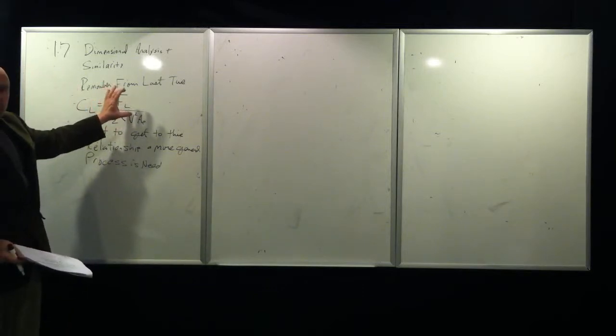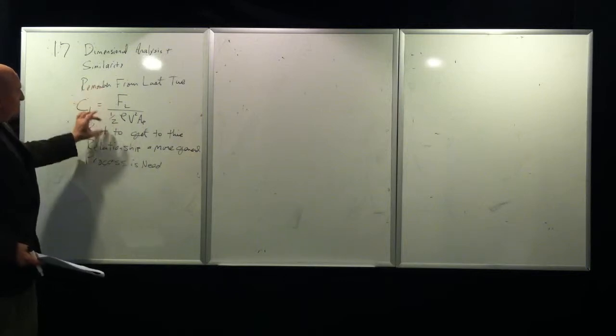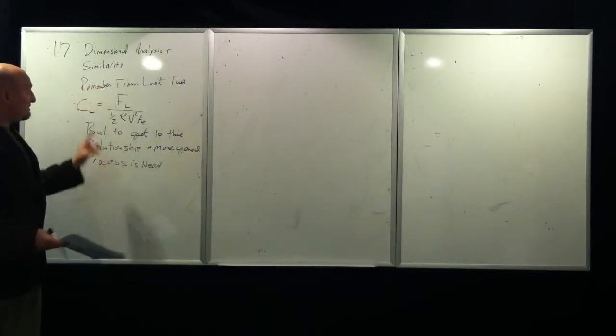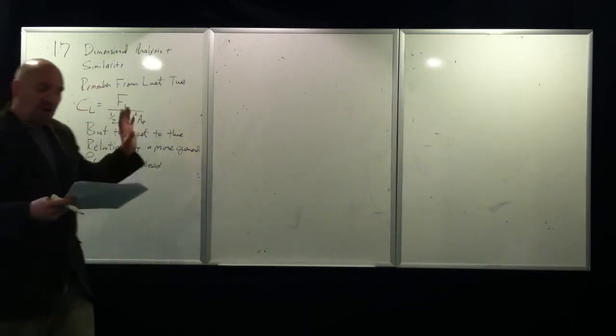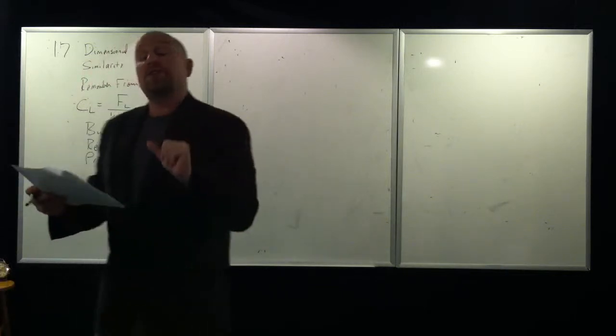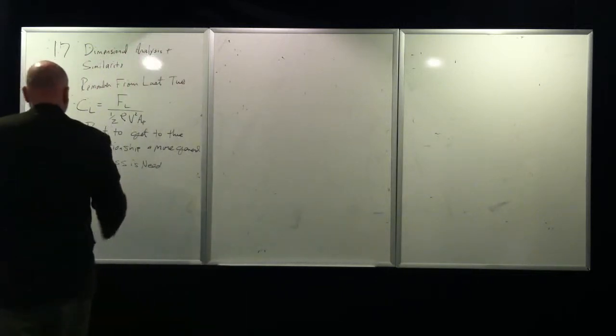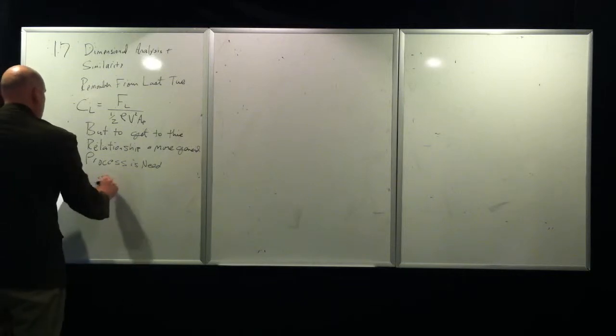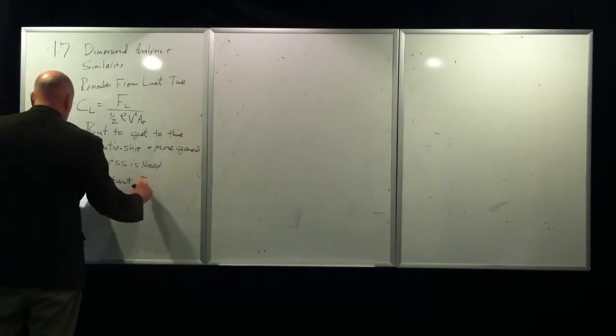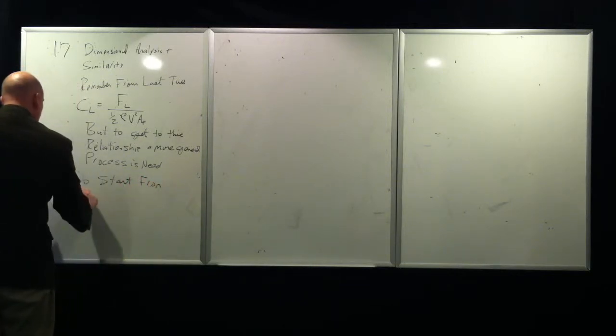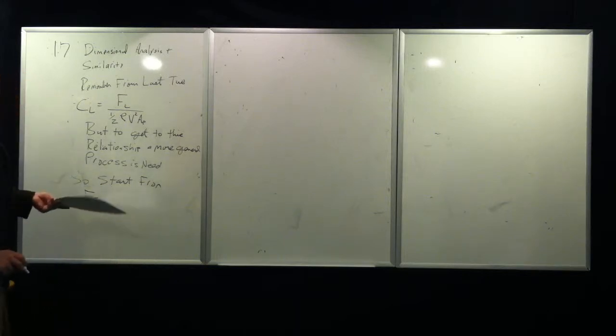So this is the final result, but to get to this, a more general process and procedure is needed. So let's start with what we do know. We know force.